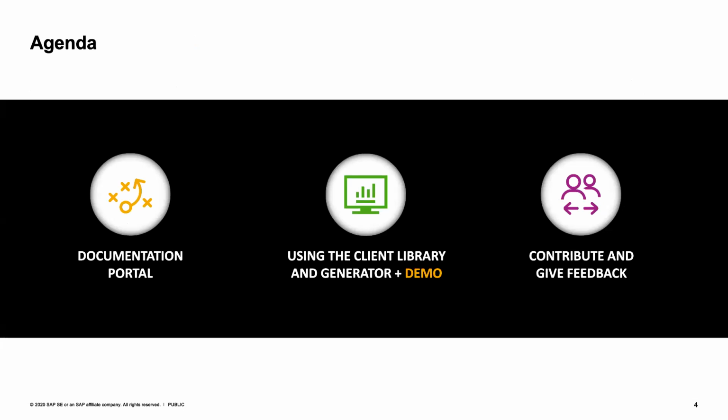We will start with that one, and after that, we will go through the usage of the client libraries and some common questions that we get from developers using the SDK, and of course using the generator. And here we'll see a very small demo, and I will explain in more detail what exactly happens there and how to look up the right information on generated services.